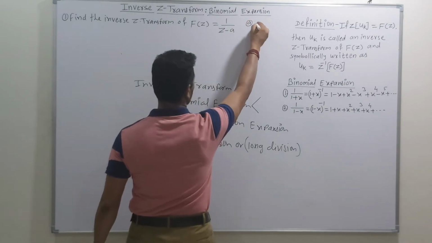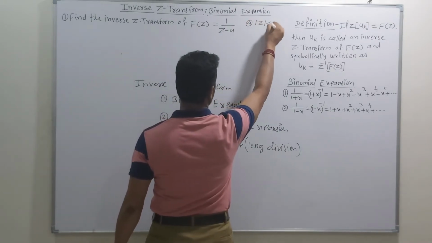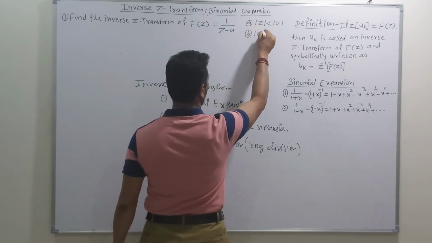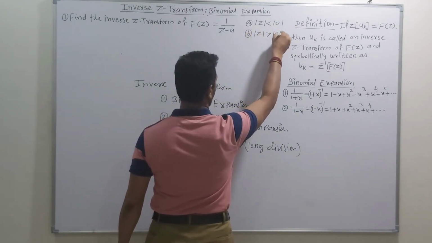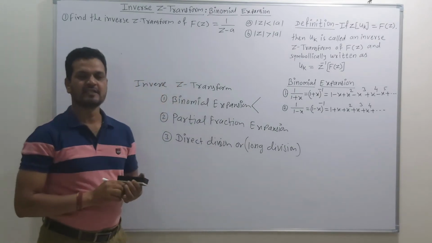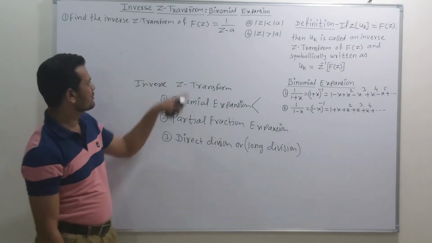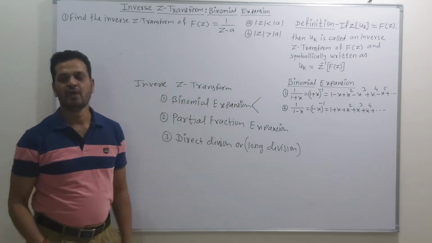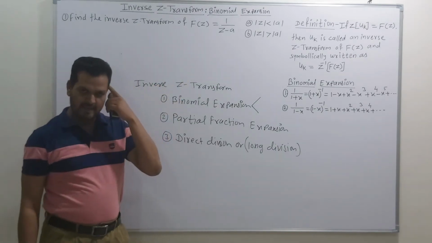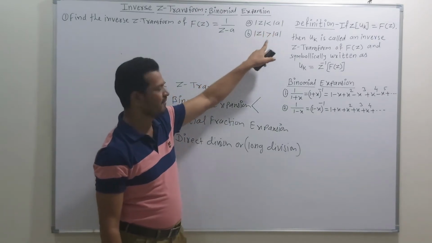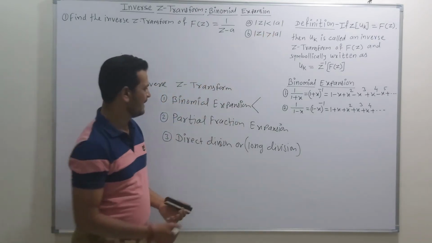The first condition is that mod of z is less than mod of a, and the second condition is that mod of z is greater than mod of a. So now friends, this is the example we have to solve with the help of inverse Z transformation. This is the given function 1 upon z minus a, where mod of z is less than mod of a and mod of z is greater than mod of a.